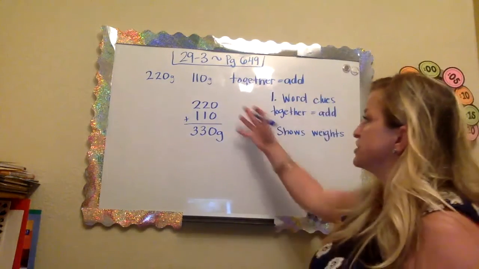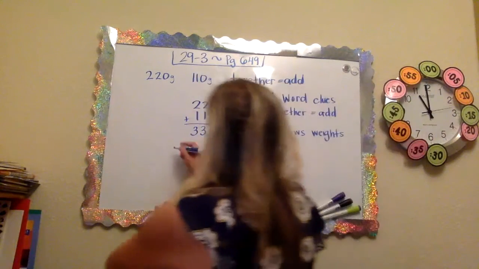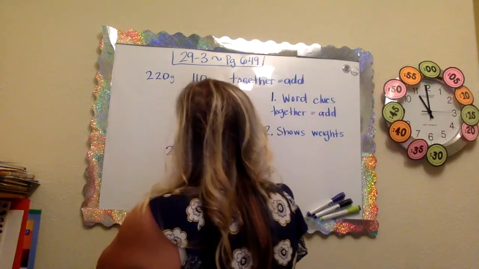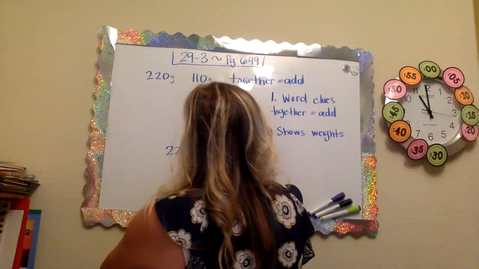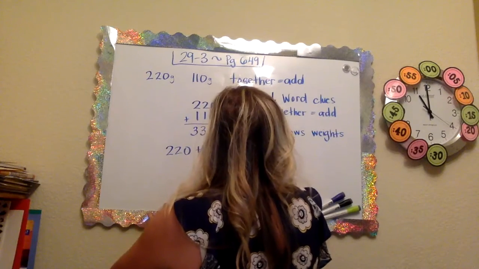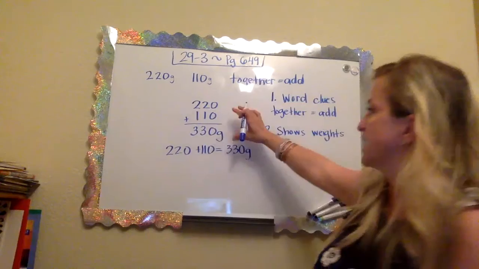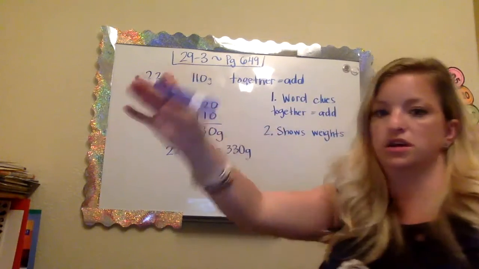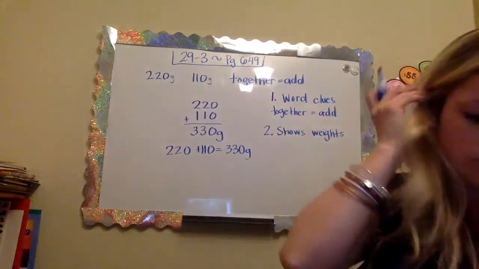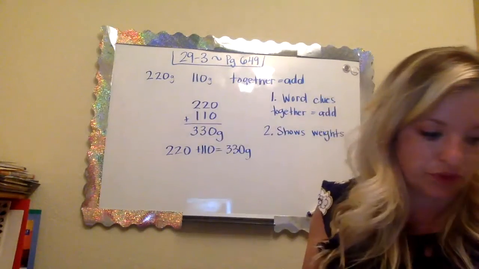So the equation is, and you can stack it like a cheeseburger, or you can go side by side. Either way, here I stacked my equation and here I wrote it in one big long line. Both are fine, but the mass you need to write down, which is 330 grams.